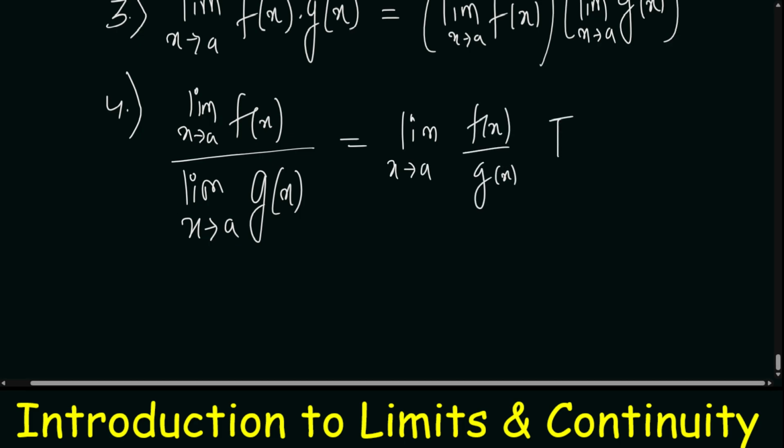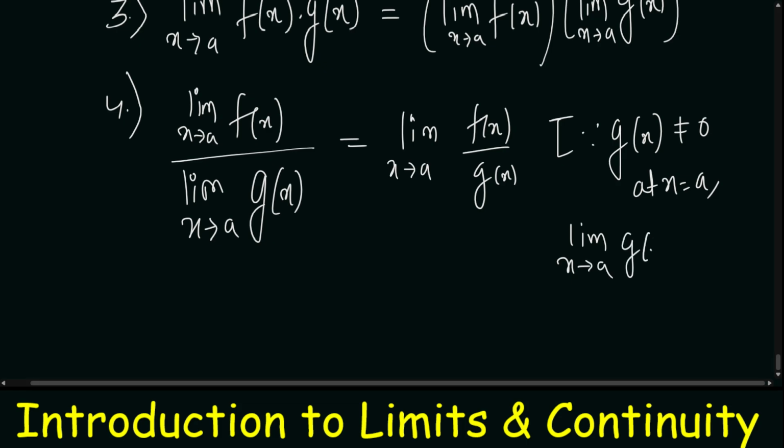This exists only if obviously g of x is not equal to 0. And this works both ways, and this works only when limit x tends to a g of x is not equal to 0.